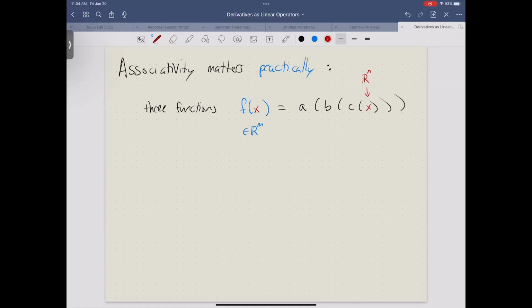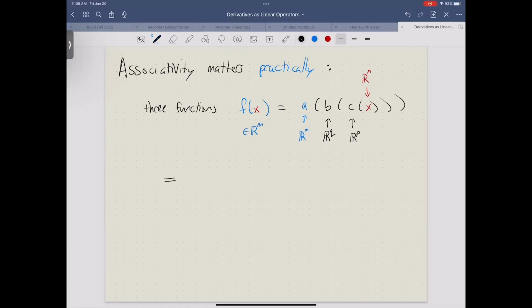And C has P components, and B has Q components. And then A, let me color code it. So A is the output, so it has to be the same as M, as F, right?